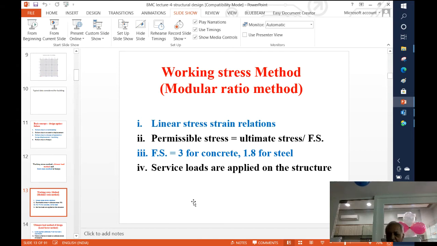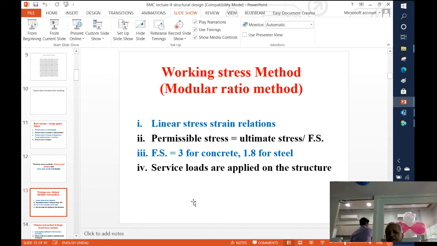The ultimate stress is converted into a permissible stress with a factor of safety, and if my stress in design is within that permissible stress, then I am ensuring linearly elastic behavior, and that is my safe design.